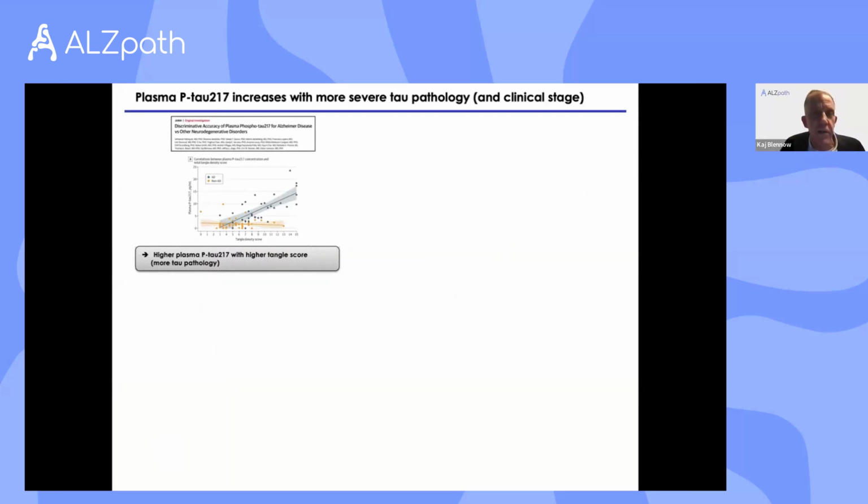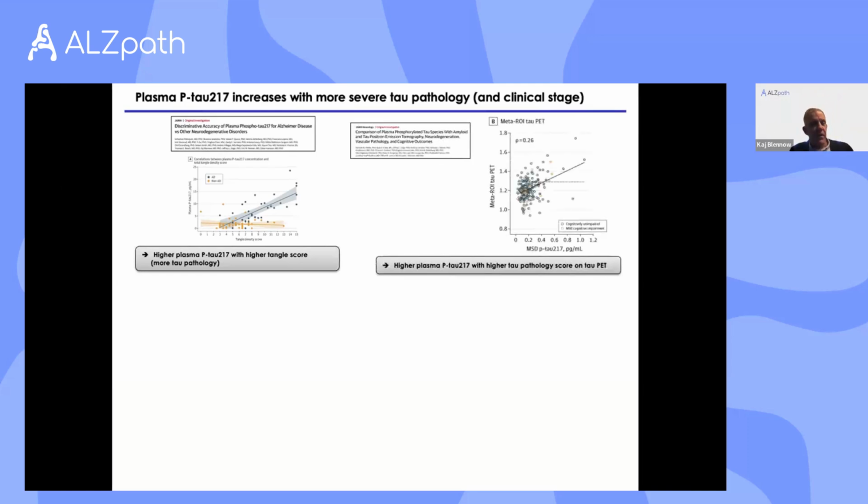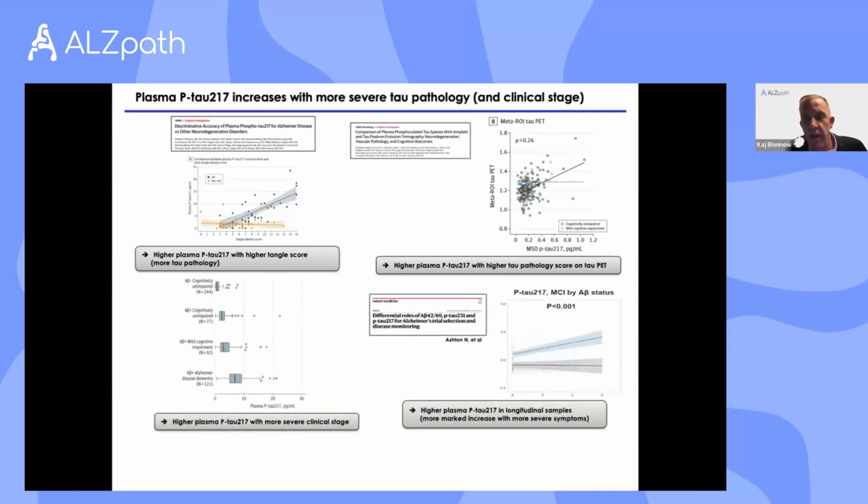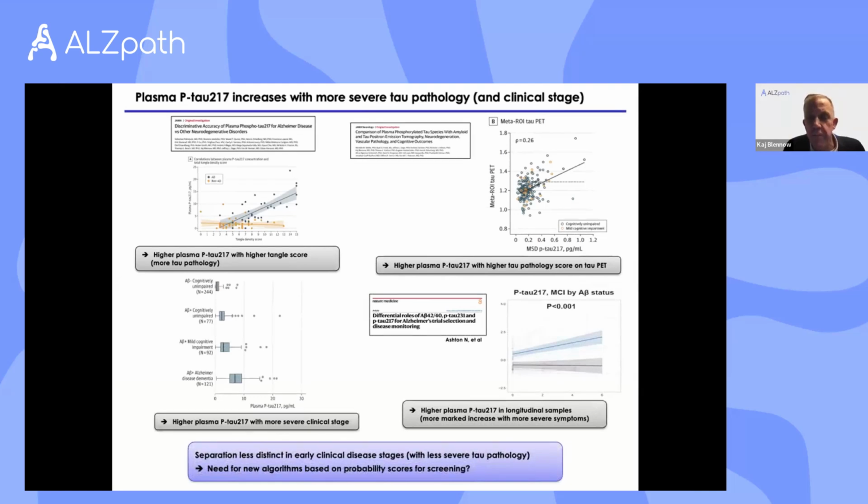Actually, I think the findings are very similar in all studies, that you have a clear association between higher phospho-tau levels, 217 and others, with higher tangle scores post-mortem, with higher tau pathology measured by PET, with higher clinical stage, and that for 217 phospho-tau increases with time and becomes more clearly positive.